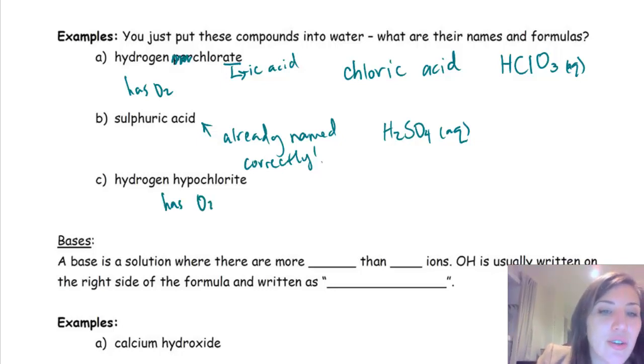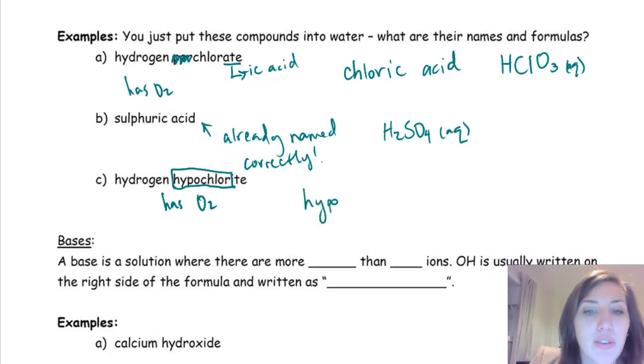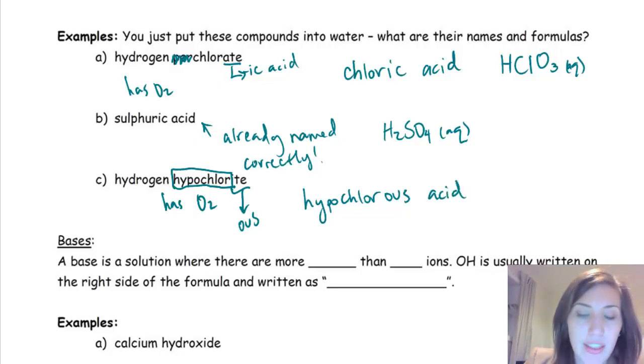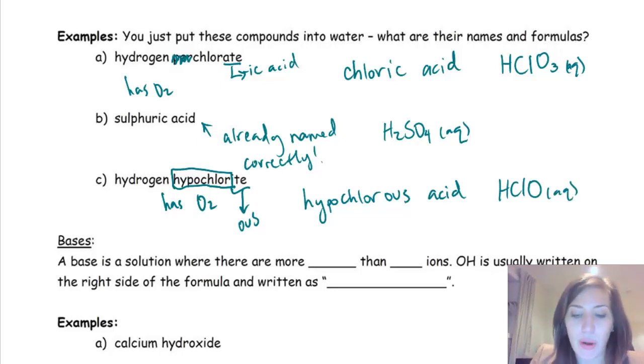Yes, it does. So we are going to drop the hydrogen, but because this part is the root word, we're going to keep that hypo part. Hypochlor. The ite changes to ous, hypochlorous acid. And if we were to write the formula for that, it is HClO in the aqueous form.